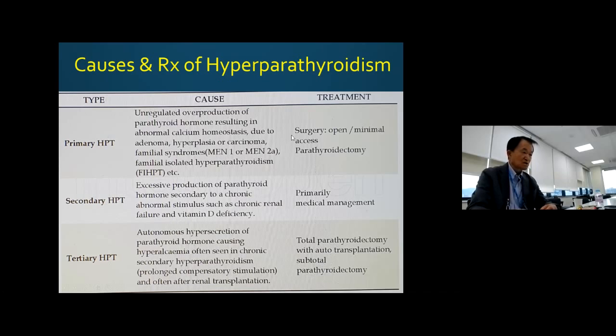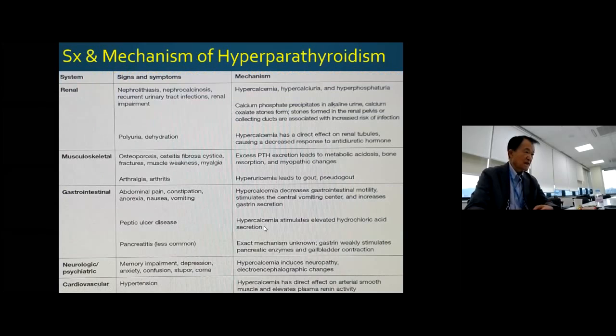But usually in the primary, only one of the four parathyroids is involved, making an adenoma, and then surgery is usually the cure for the problem. And again, you probably know all this.